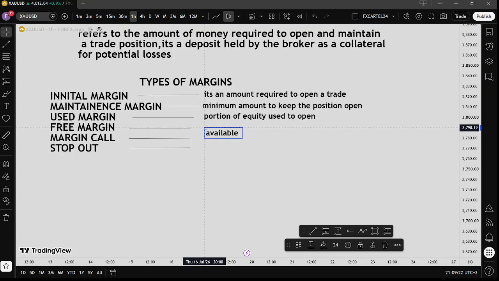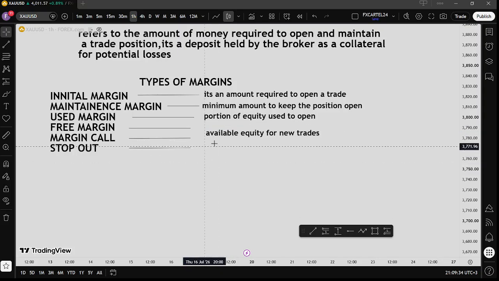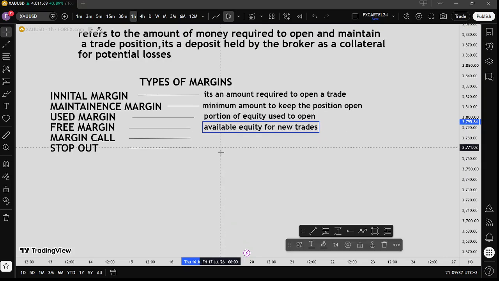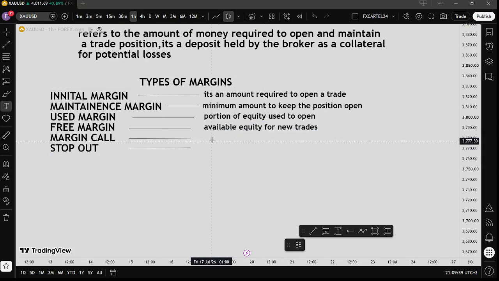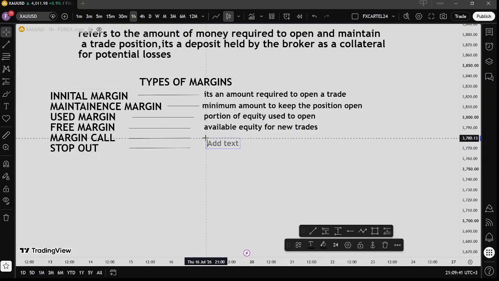Available equity. You can also be writing this.